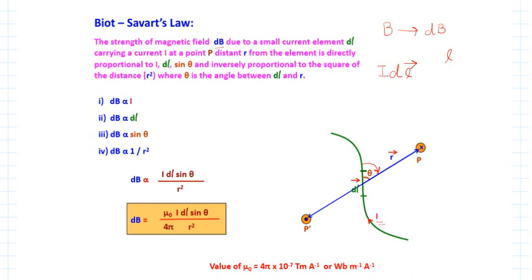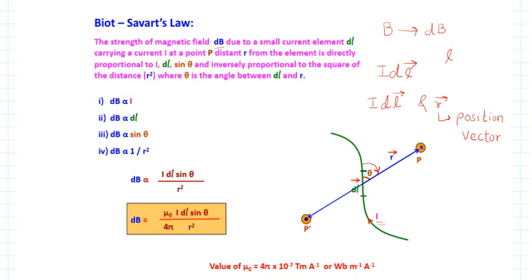So the angle theta that you can see over here is between the two vectors. Which two vectors? Vector dl bar, basically I dl bar, and vector r bar. What is r bar over here? This is the position vector of point P. Where is point P located? It is located at distance r from the vector dl, and its orientation is angle theta.